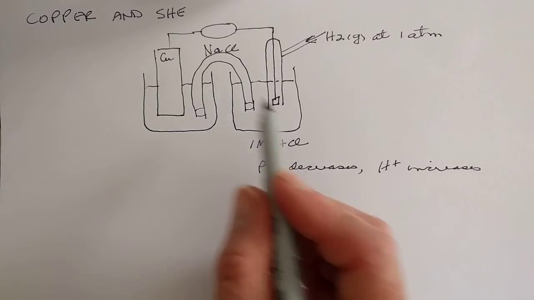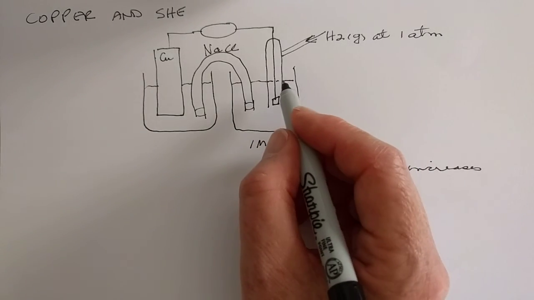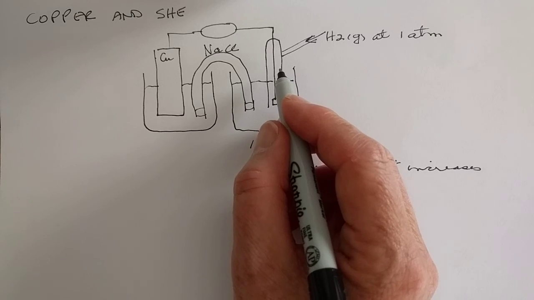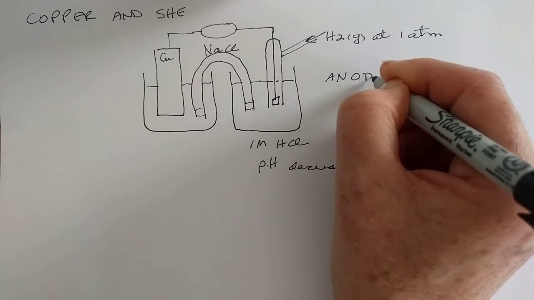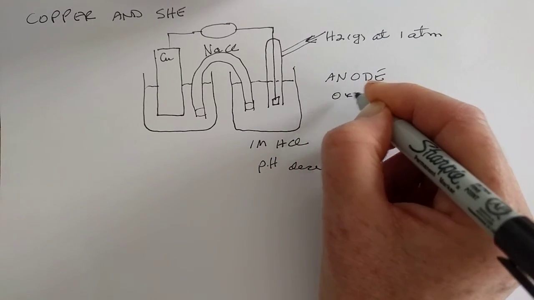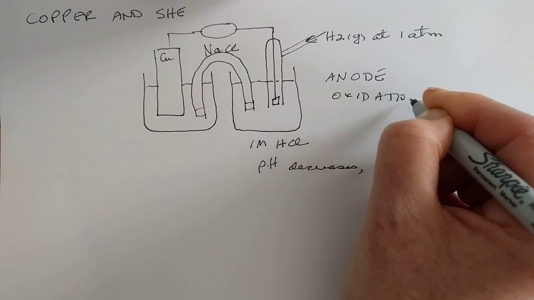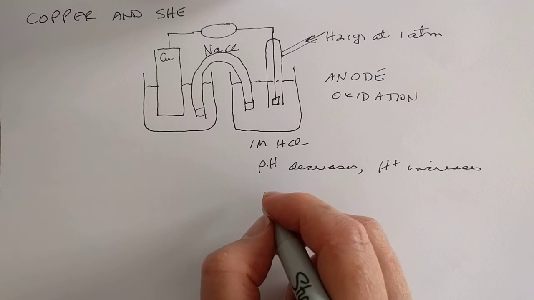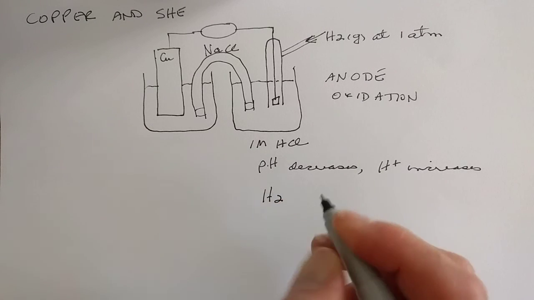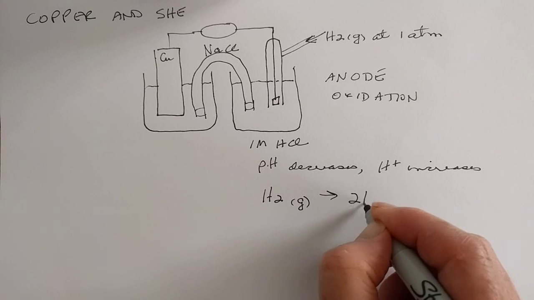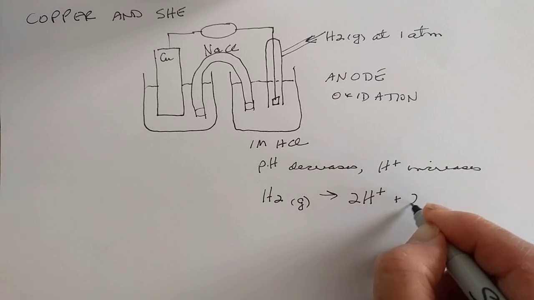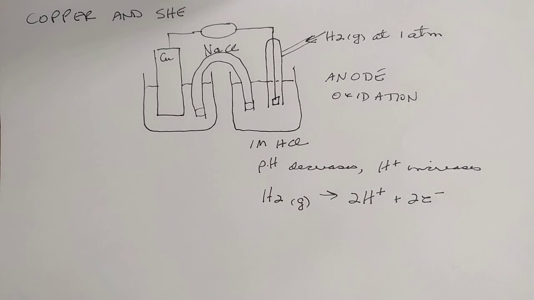So that means when we have copper, the standard hydrogen electrode is the anode. And we have oxidation. So that equation is H2 gas going to 2H+ plus 2 electrons.